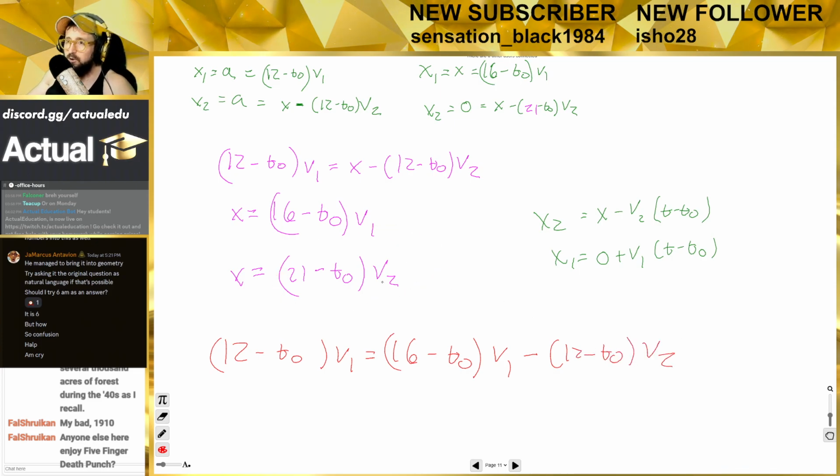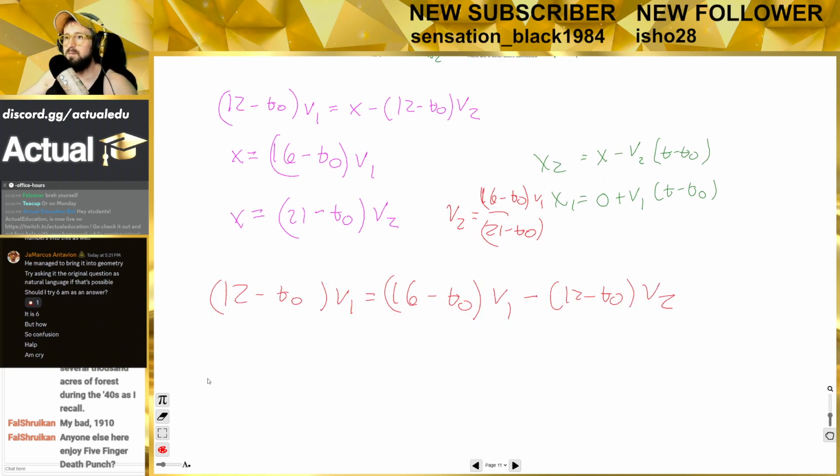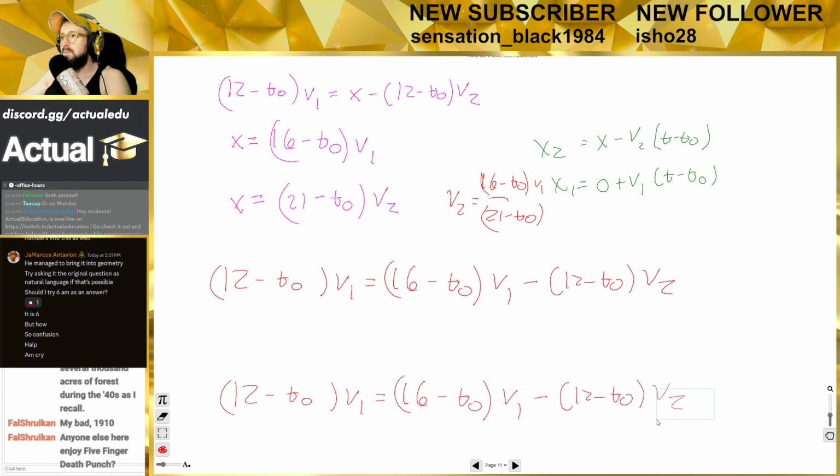But remember that v2 is equal to x over 21 minus t0. And that x, remember, was equal to 16 minus t0 v1. So now this is going to become 16 minus t0 v1 all over 21 minus t0.